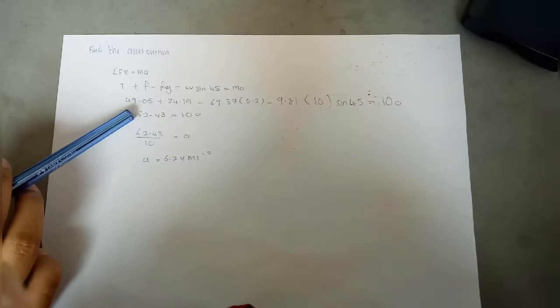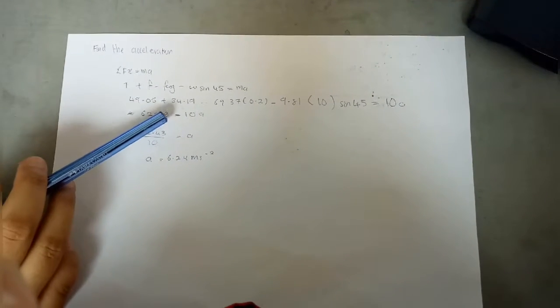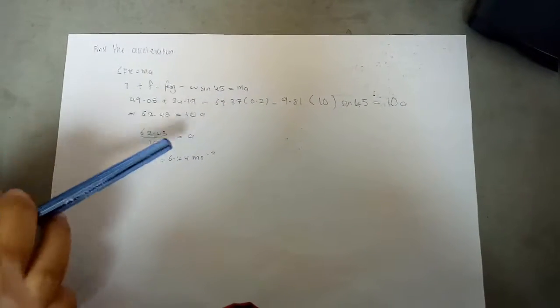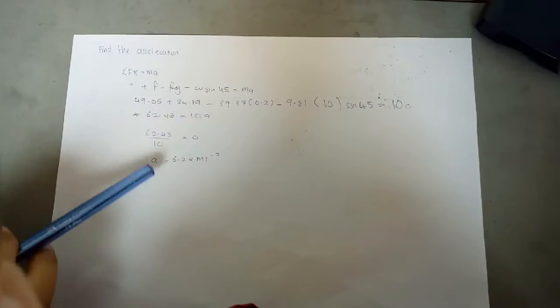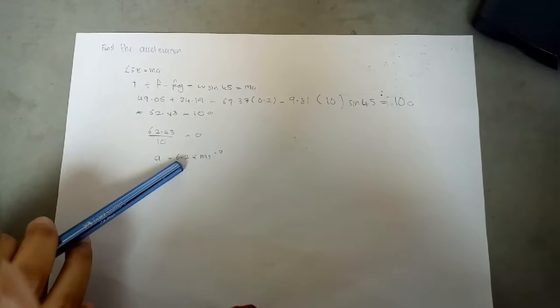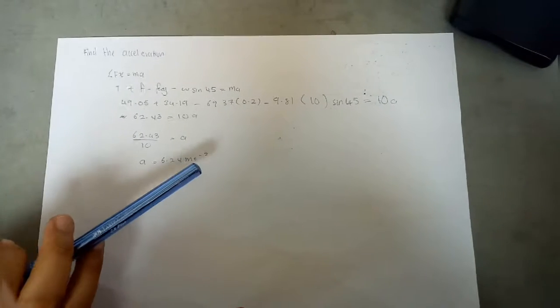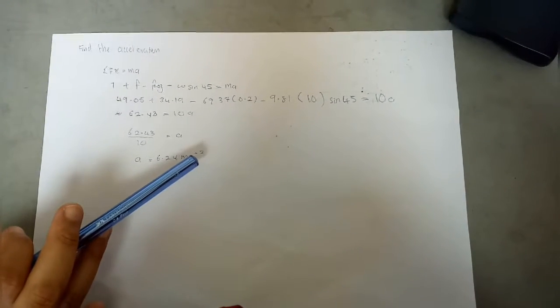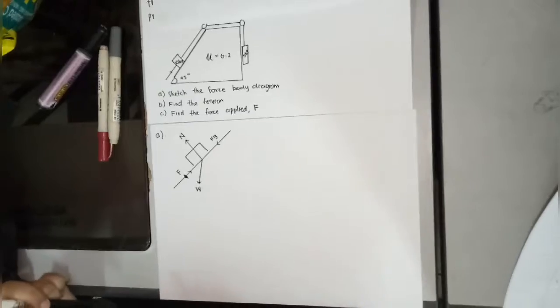Next, 62.43 equals 10a. Okay, then the acceleration is 6.24 m/s².